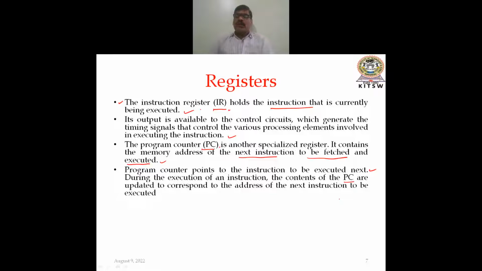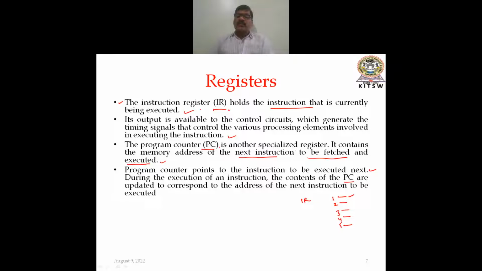As we have seen earlier, a program is nothing but a set of instructions. For example, take a program with 5 instructions. Now if the processor is executing the first instruction, the address of this first instruction is stored in the instruction register.